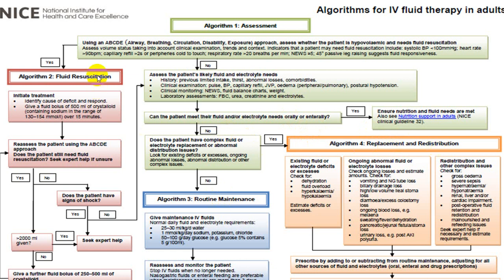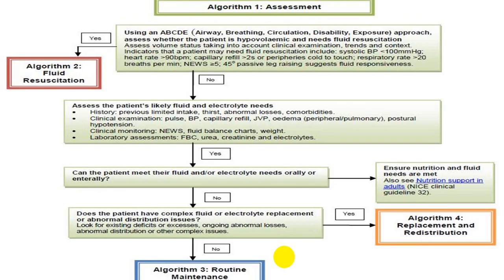So resuscitation, maintenance, replacement, and do look for redistribution, which you can identify by reassessment after correction. So do look for this redistribution, and then finally you go into what we call de-escalation. So we'll be going through that.